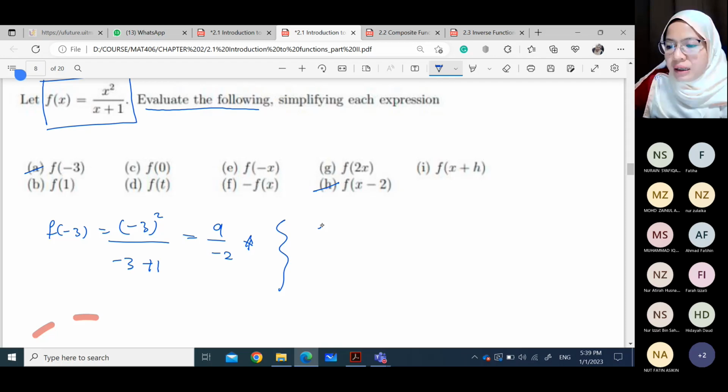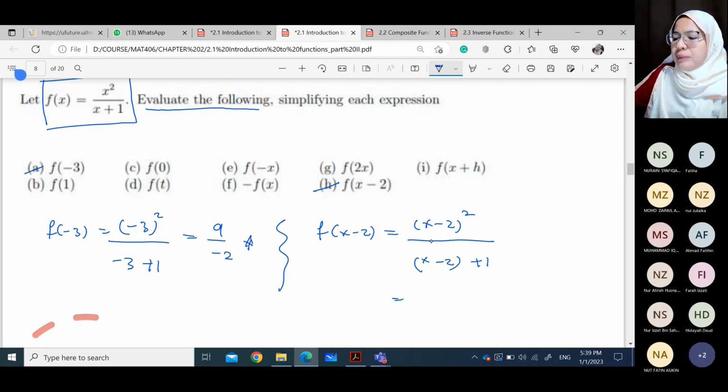So sama jugalah kaedah dia. Kita gantikan x dengan x minus 2. Okay, so f of x minus 2 it is equivalent with x minus 2 to the power of 2 over x minus 2 plus 1. So yang ini kita akan dapat x minus 2 squared over x minus 2 plus 1.